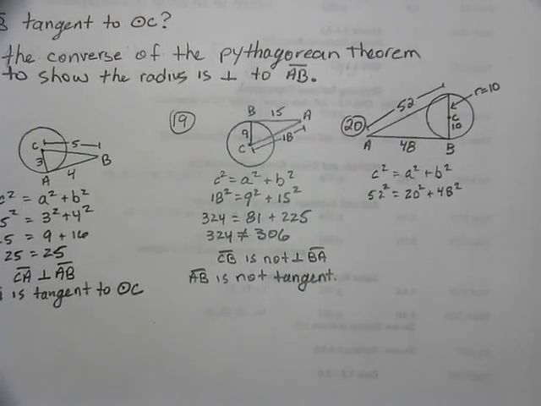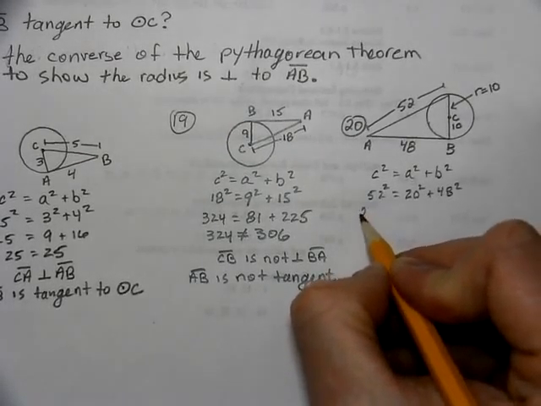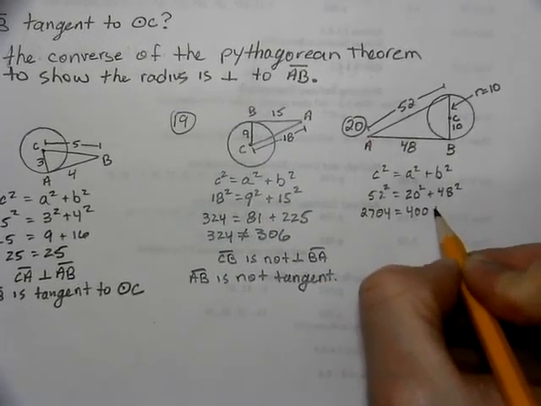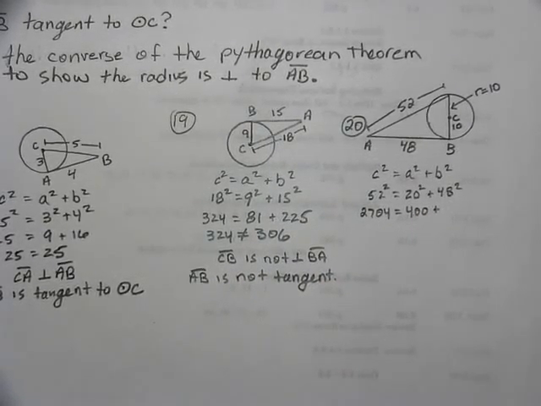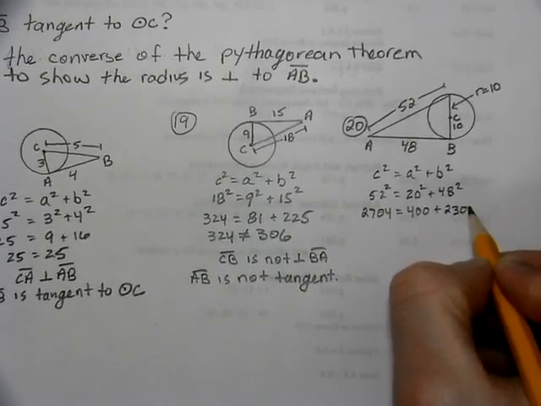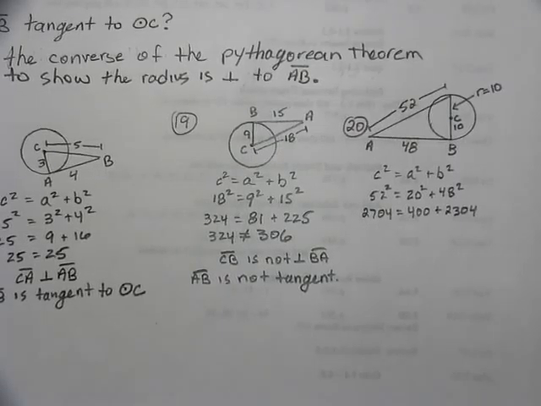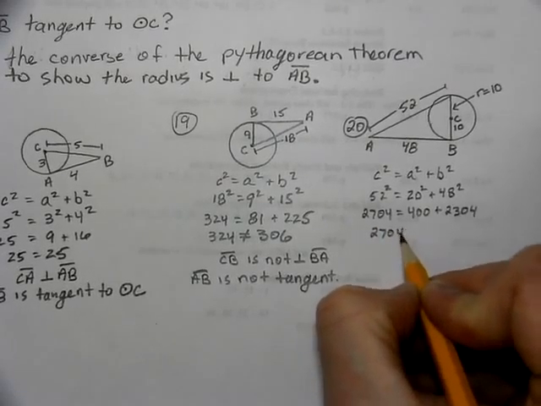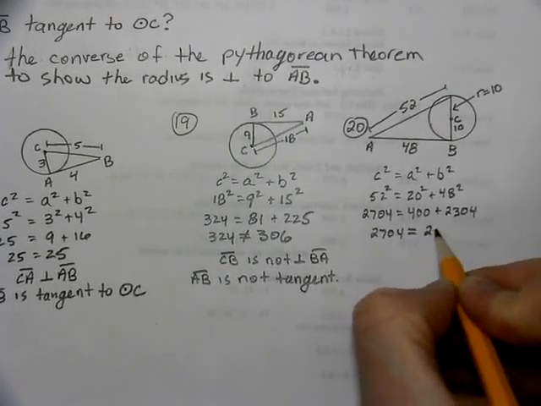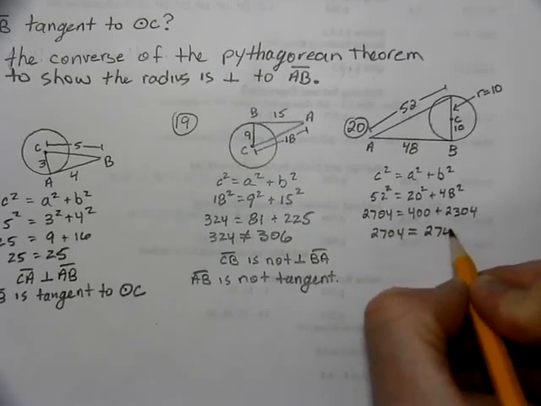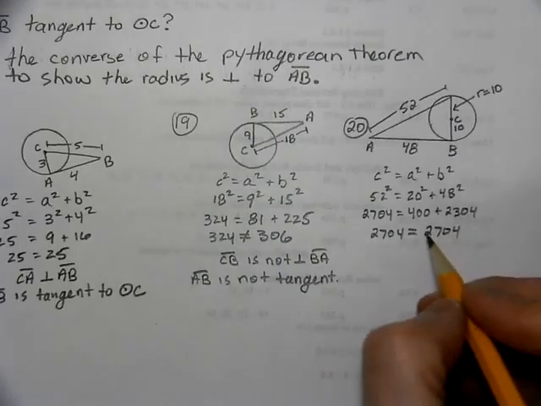So we say 52 squared, 2,704. 20 squared is 400. 48 squared is 2,304. And take your 2,304 plus your 400 to give you 2,704. Oh, it's 2,704 equals 2,704.